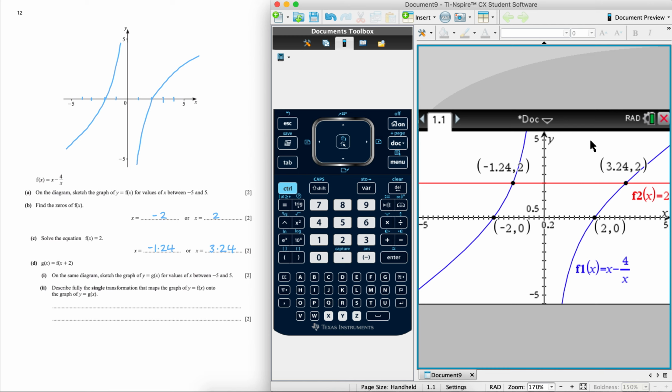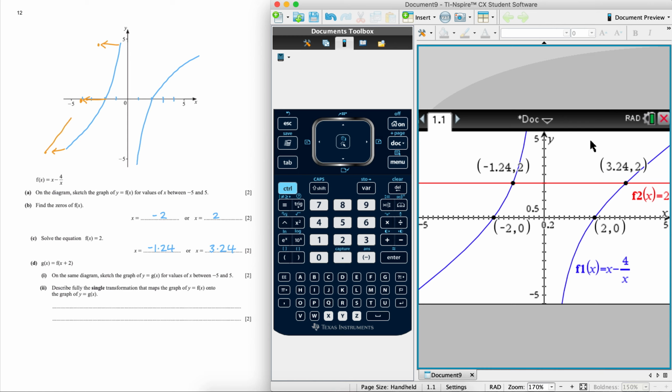So essentially we're picking up our whole graph and we're moving it 2 in the other direction. So if it crossed at -2, it's now going to cross at -4. And if it crossed at 2, it's now going to cross at 0. Okay, so I'm going to do this one in orange just to make it clearer. So all of these points should be moving 2 in this direction, and so on.